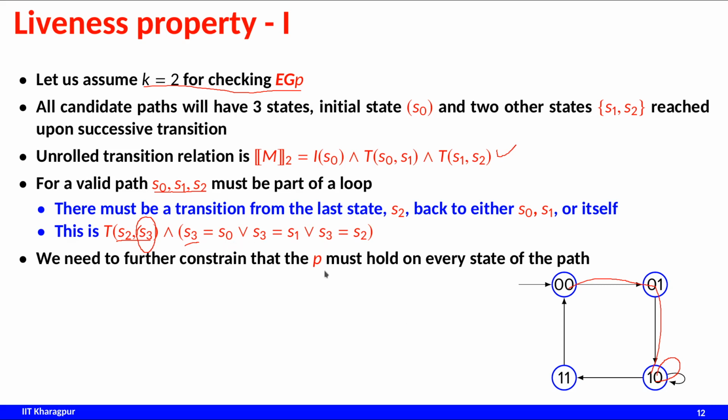If this condition is satisfied, that means there is a loop, because I can reach the same state once again. So this loop constraint we need to introduce.